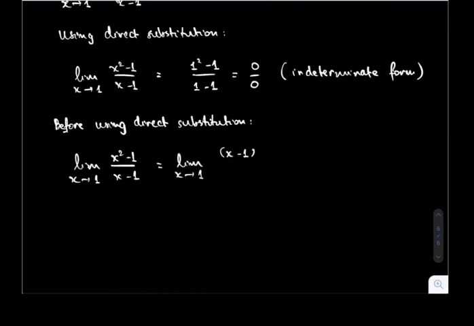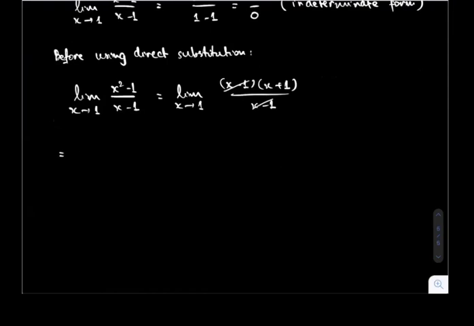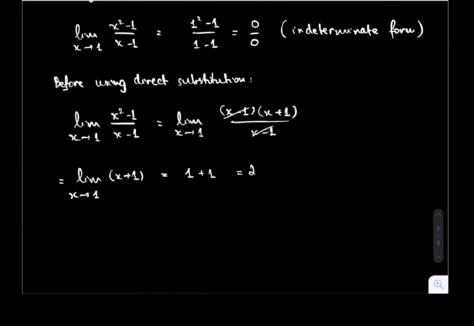So x minus 1 times x plus 1 over x minus 1. Right, and you see that x minus 1 cancels out, and you're left with limit of x plus 1 as x approaches 1. So therefore, you have 1 plus 1 equal to 2. Now you can use direct substitution because you get a constant at the end of the evaluation, not the indeterminate form.